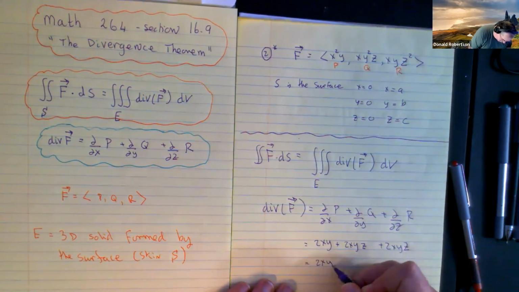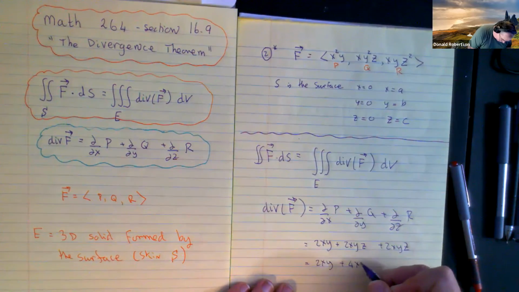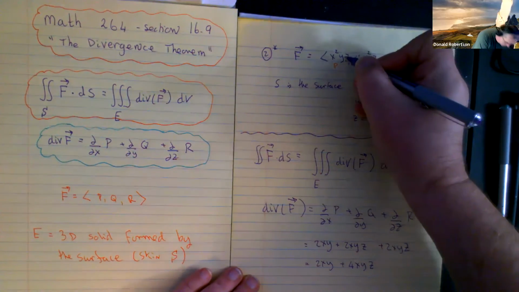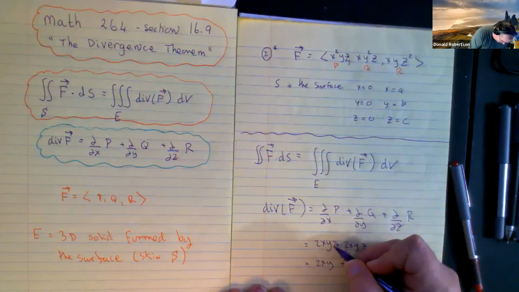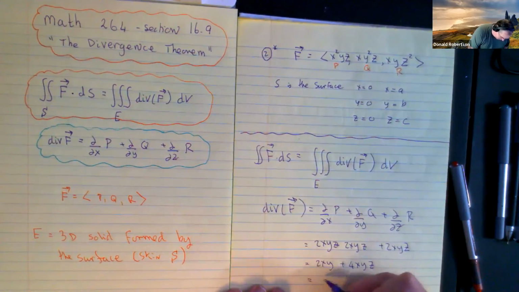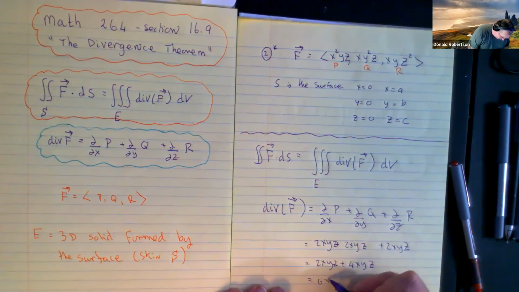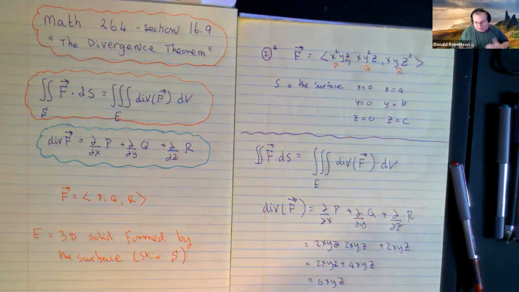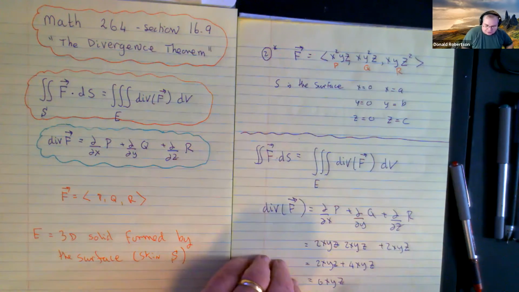We get 2xy plus 4xyz. How does that look? Because I think I made a mistake. And I did, because that's got a z in it. So we actually get 6xyz. Much nicer. What we had before would have worked, but that's nicer, so we'll use it.